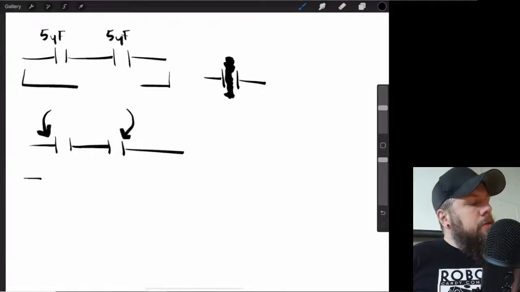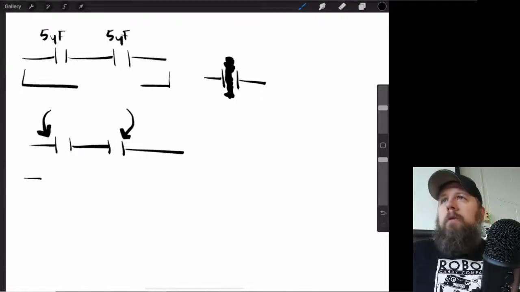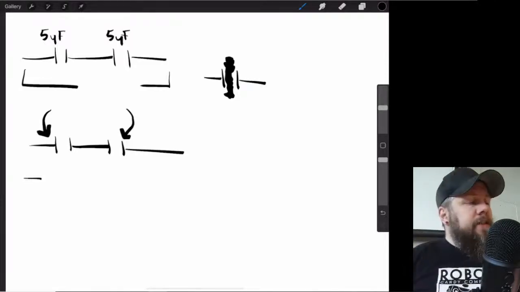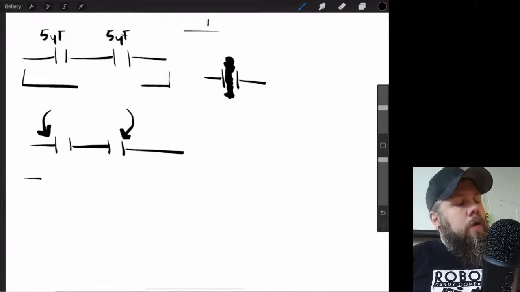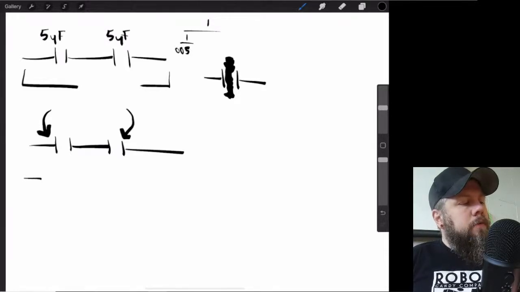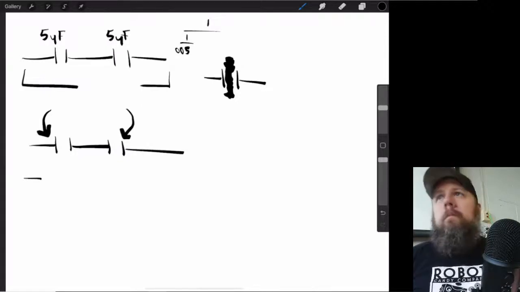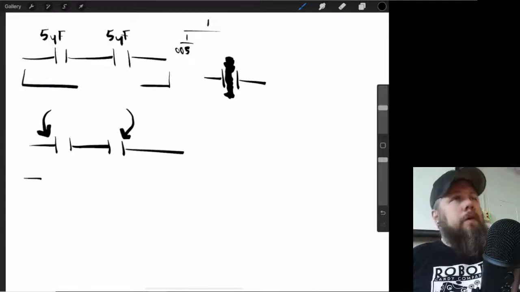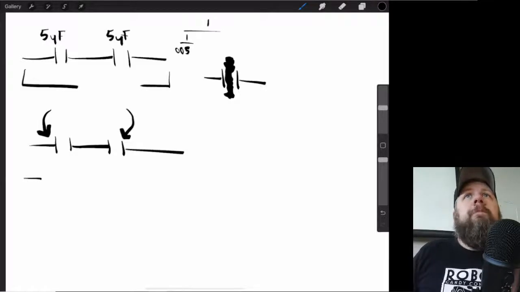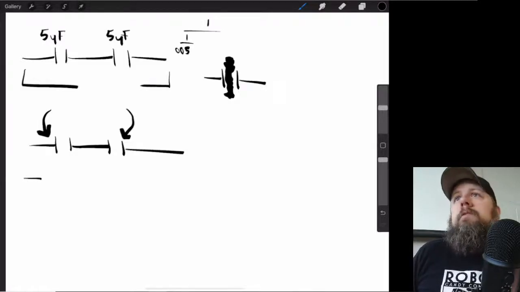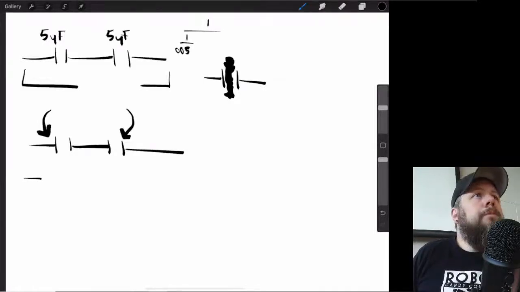So we make the plates farther apart, which reduces capacitance. So you'd have to do 1 over 5 microfarads, whatever that is, right? Plus 1 over 5 microfarads, and then you get 2.5 microfarads. Okay?